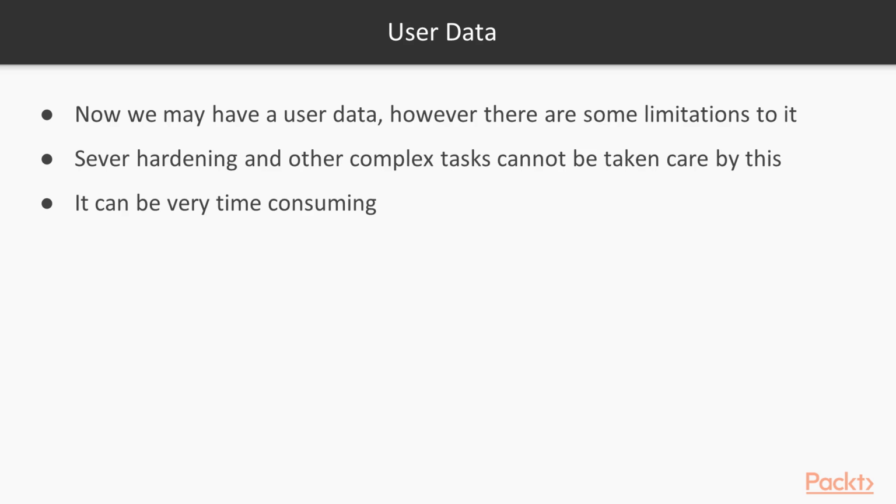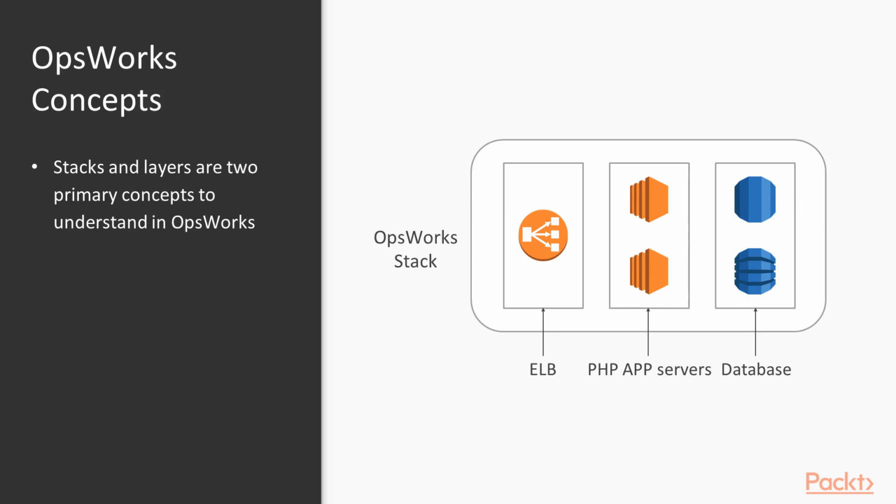Now, when you are learning OpsWorks, there are two important concepts that we have to understand. One is the stack and second is the layer. If you know about Elastic Beanstalk, the concept is a little bit similar, where you have an OpsWorks stack, and even in CloudFormation, you have a CloudFormation stack, and within the stack, you can have multiple template based resources.